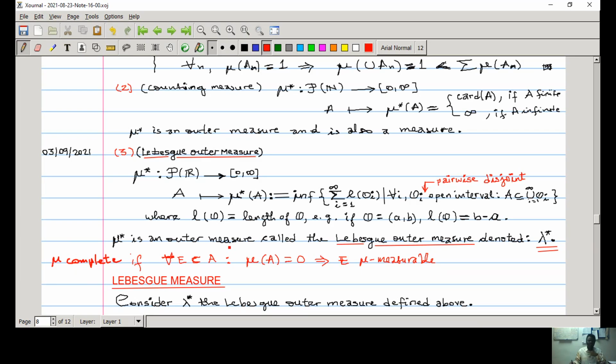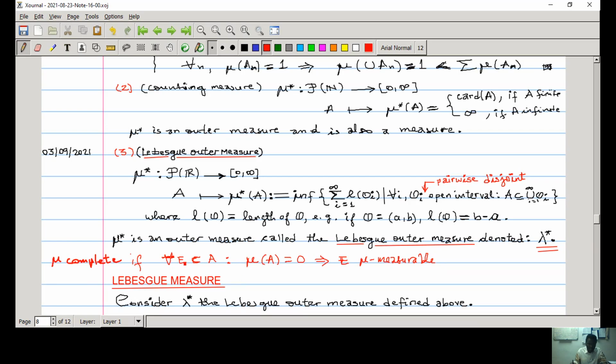Any subset of a null set for the Lebesgue outer measure is measurable, right?